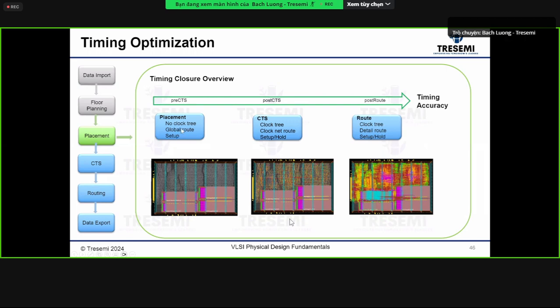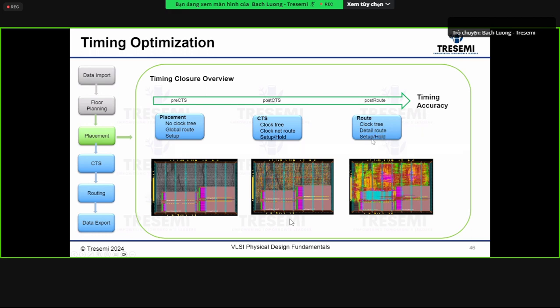As you move on to the next stage, CTS, more data is available. The clock tree gets routed, so the actual clock tree is calculated, which means there is clock skew, and you'll learn about that later. The only thing still estimated is the detail routing. Once you move from CTS to route, the detail route happens, meaning all the signal non-clock nets get routed.